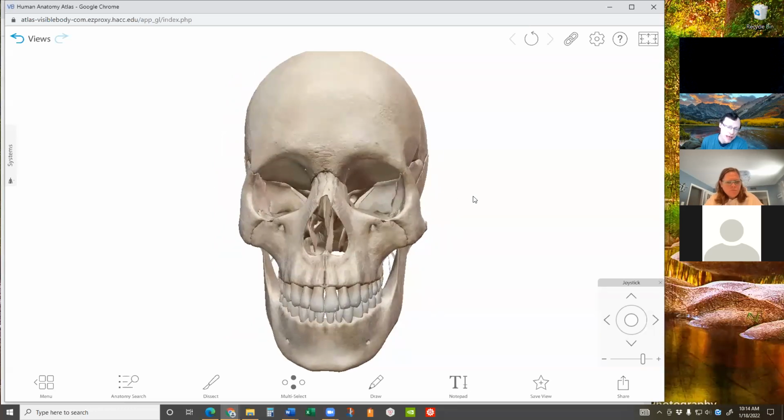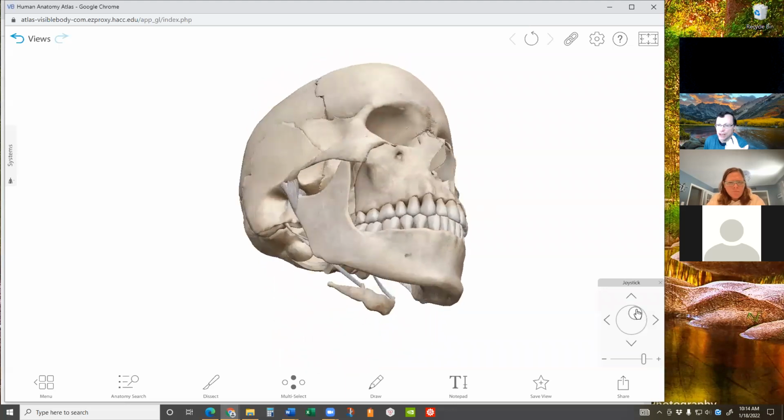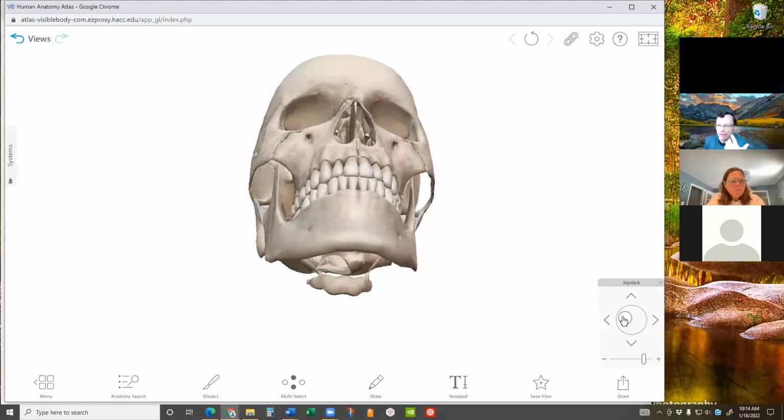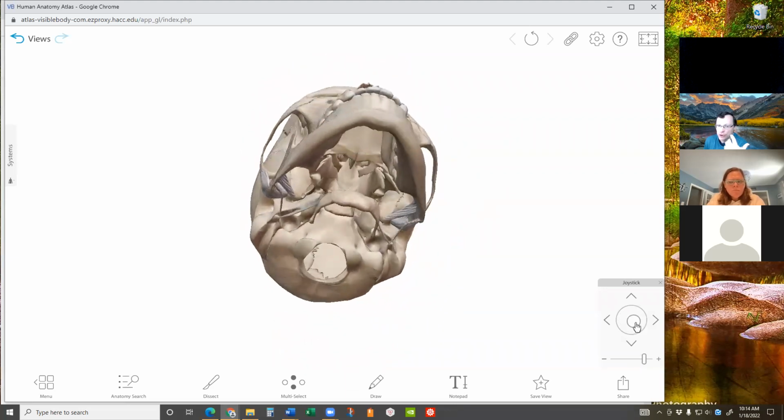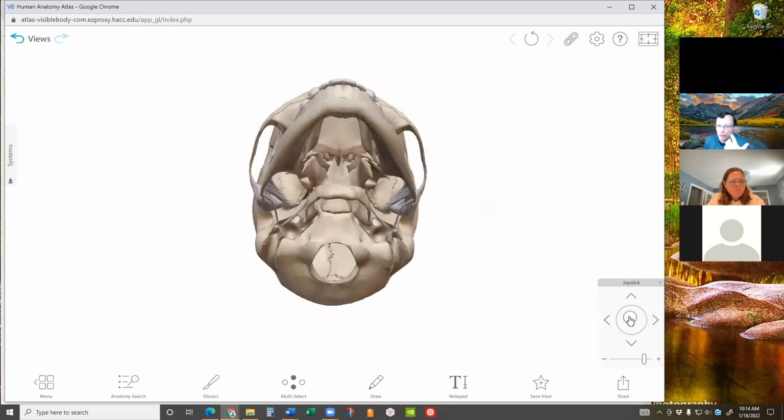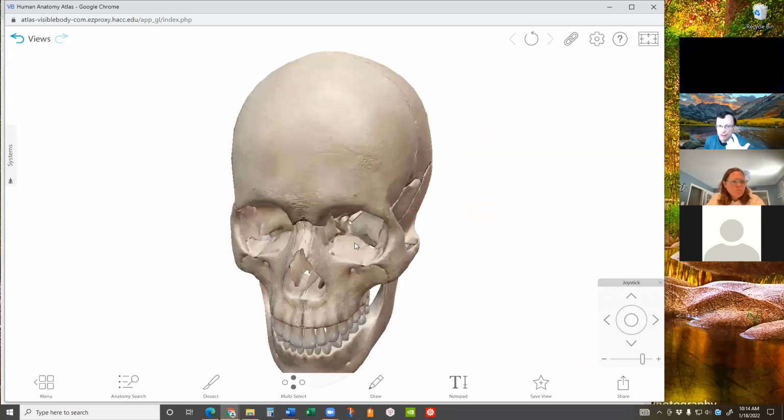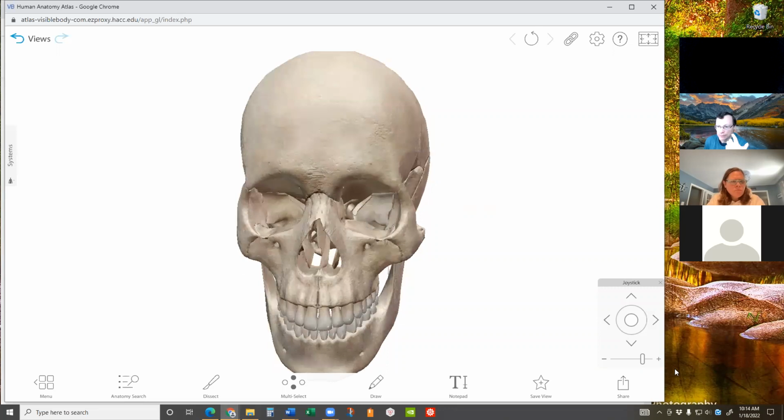If you can't do that for some reason, in the bottom right corner of the image, there's this virtual joystick. You can click on the joystick and do it that way if you prefer. You can do it however you prefer it, okay? So that's the first thing, okay?